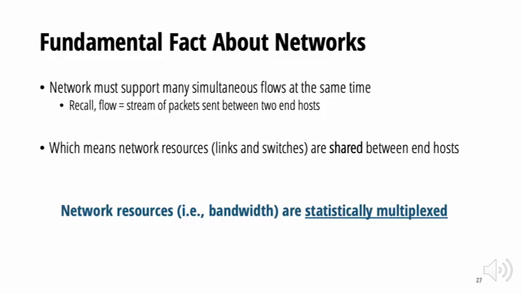And so a fundamental fact about networks, that is what we're going to talk about next, is the fact that network resources are shared. A network has to support simultaneous flows at the same time. Simultaneous users, simultaneous applications, simultaneous flows. And so this question of how do we actually share network resources is very fundamental. Before you even talk about protocols or how you do routing, you have to talk about the model you want to support in terms of how you share network resources across flows or across users.